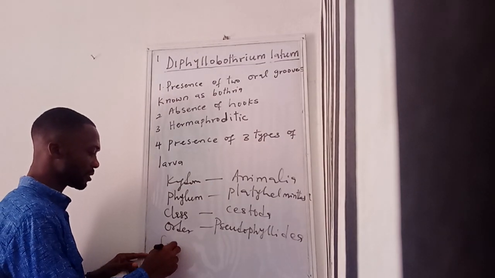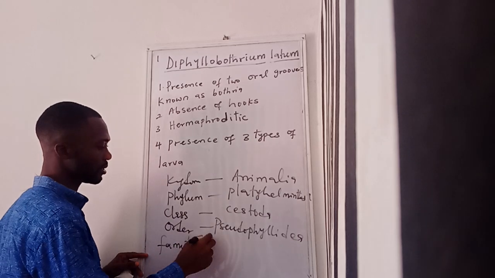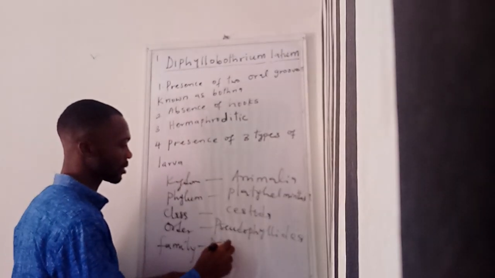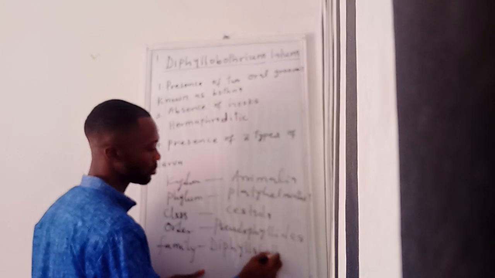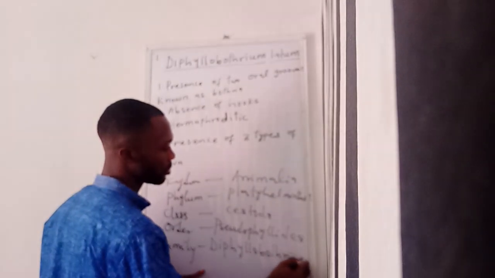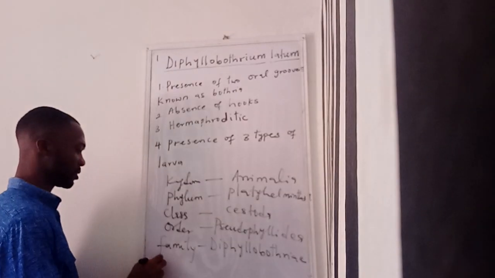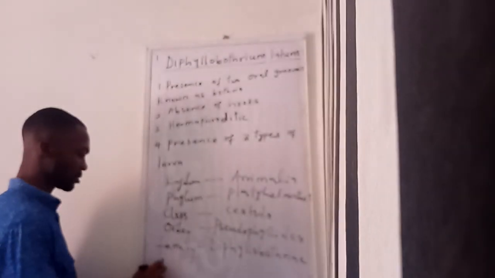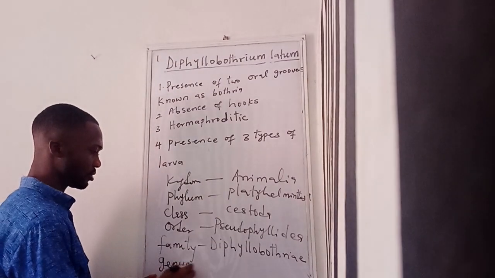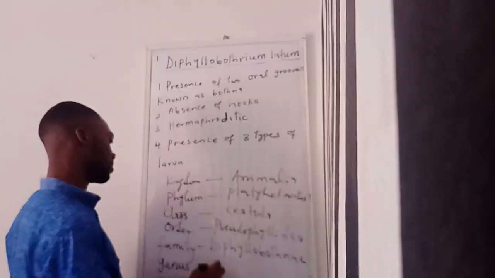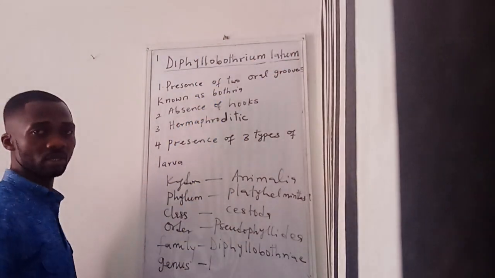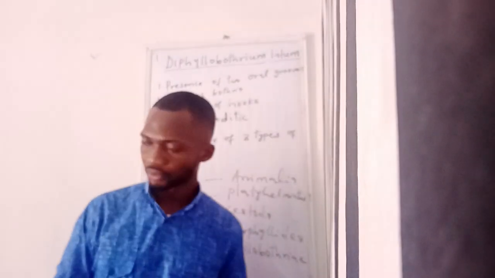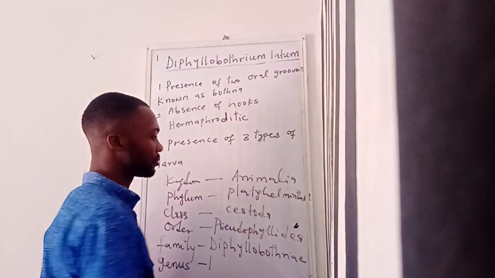Then the family is Diphyllobothriidae. The genus is Diphyllobothrium, and the species is latum. So this is how to classify Diphyllobothrium latum.